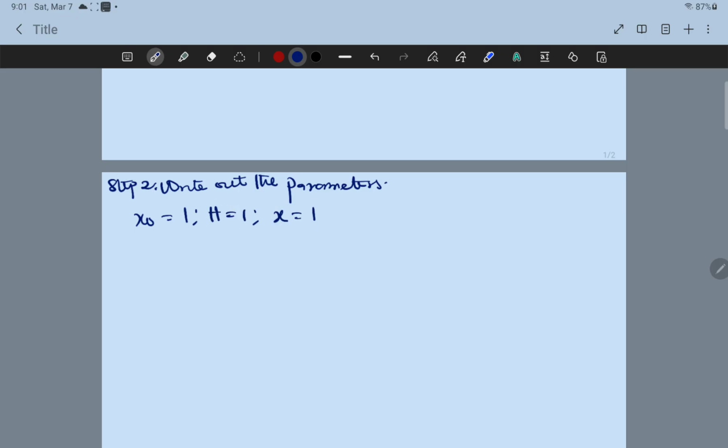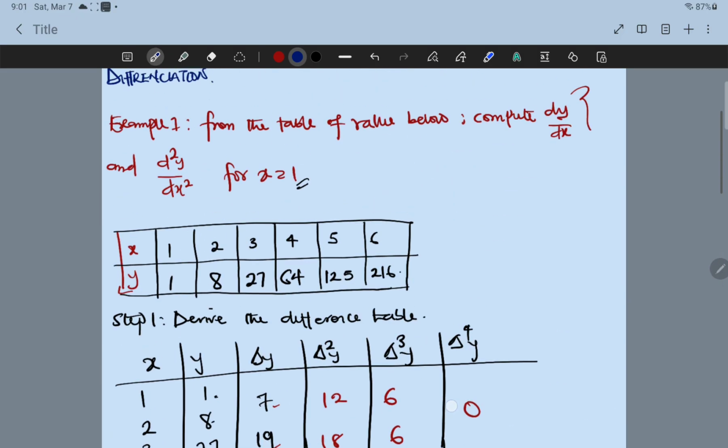So we said we have step 2. We're writing the parameters. Step 2 says write out the parameters. And so we have x naught is equal to 1. We have h is equal to 1. We have x is equal to 1. Since we are dealing with the beginning, right?